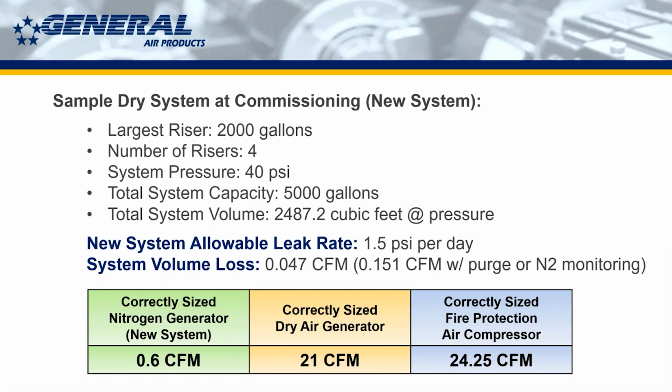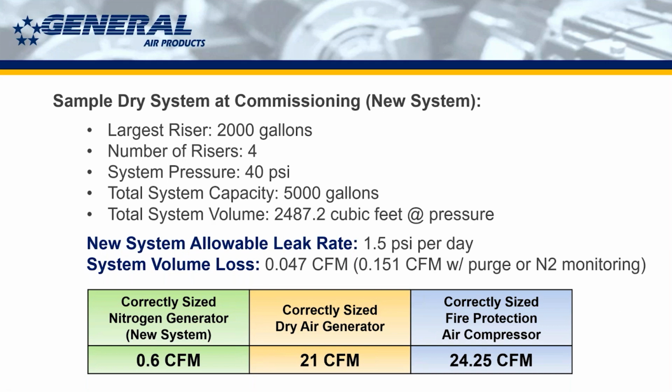Now, when you have a correctly sized generator and somebody checked off the new system checkbox, they get a nitrogen generator that's going to do roughly 0.6 CFM while it's in nitrogen mode. Okay, when it's in air mode, it's going to do 24 CFM, but that's for your 30-minute fill, right? And then you close that valve, you reroute the air through the nitrogen membrane so that you get nitrogen and you get corrosion protection.